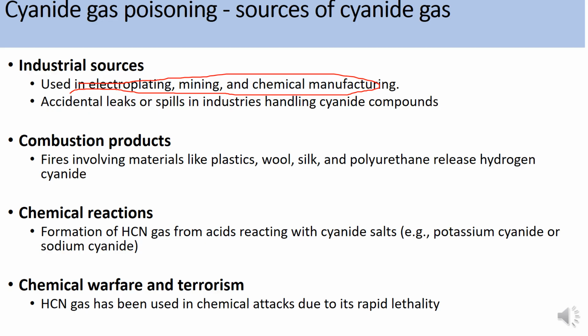And also with combustion, whenever a nitrogen-containing substance combusts, you can get hydrogen cyanide, and also with certain chemical reactions, and with certain chemical warfare and terrorism, hydrogen cyanide is used for its fatal effects as well. The very important reason is its highly toxic effect, and it also causes rapid death.